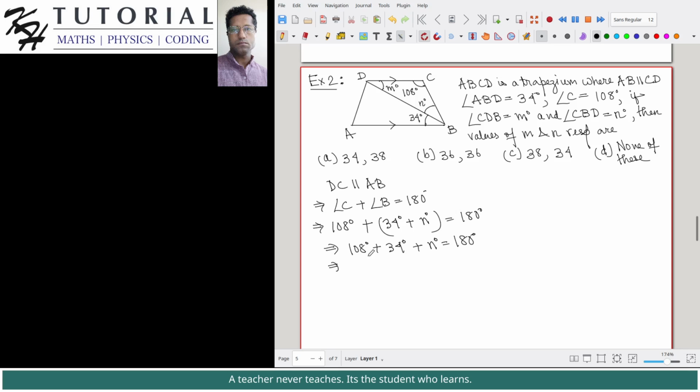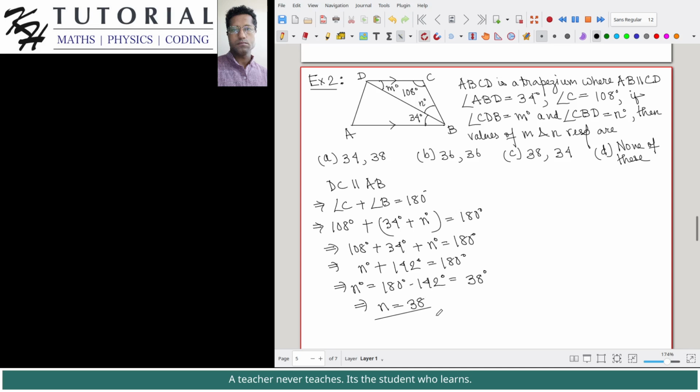So this implies n degree plus 142 degree is equal to 180 degree. So this implies n degree is equal to 180 degree minus 142 degree, which is equal to 38 degree. So the value of n is 38.